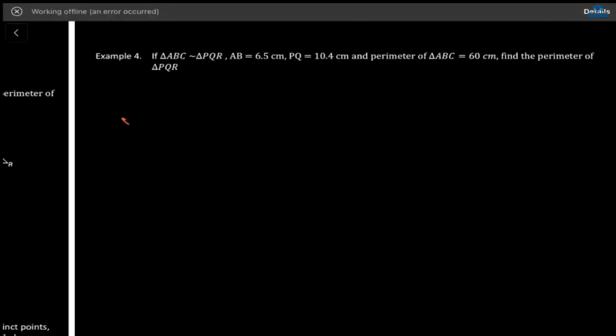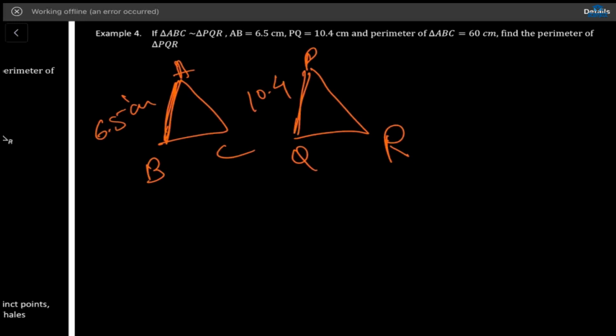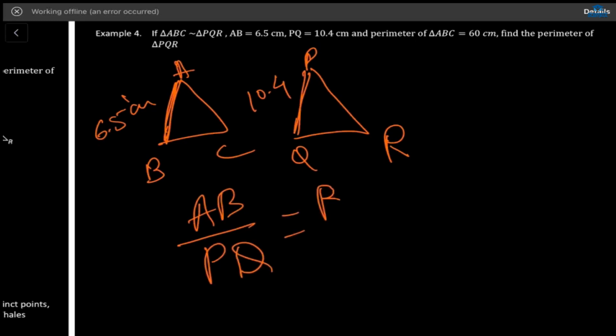Since both triangles are similar, let's see both the triangles here. One is ABC and one is PQR. AB is given to you 6.5 centimeter, PQ is given to you 10.4 centimeter, and the perimeter of ABC is given to you. Since it is similar triangle, we already know that AB by PQ is equal to BC by QR is equal to AC by PR.